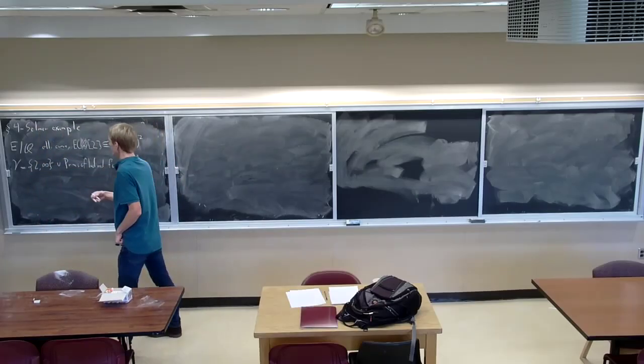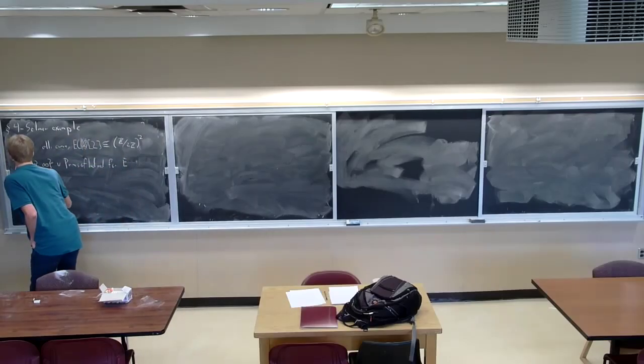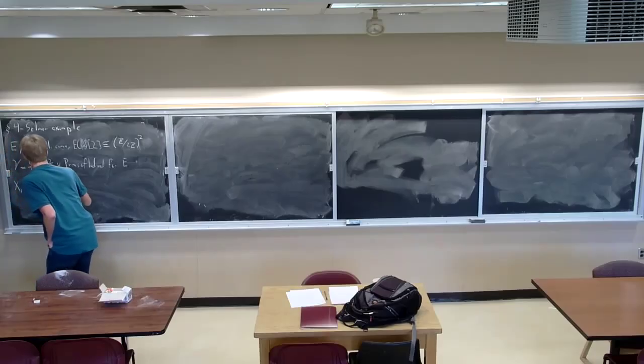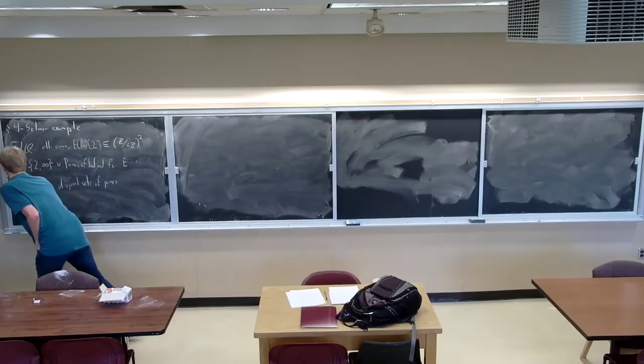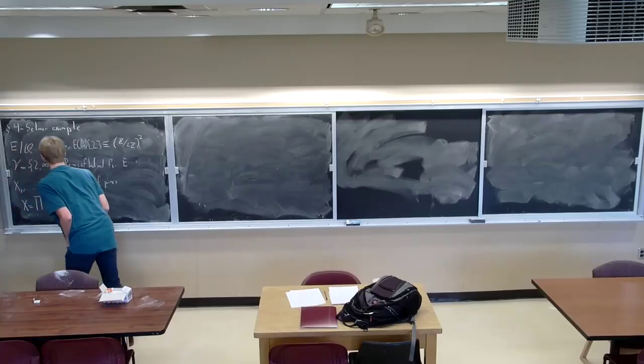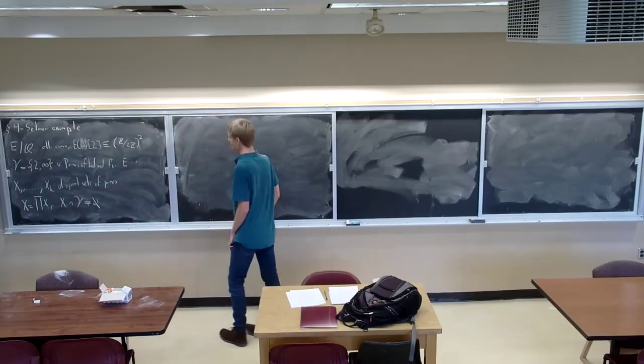Okay. And like yesterday, I'm going to take X_1 through X_k to be disjoint sets of primes. X will be their product, and we're also going to assume that the X_i do not meet V. Great.